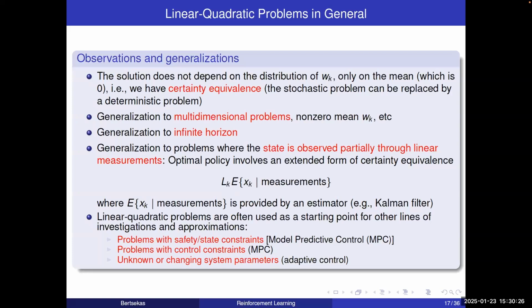Then you have to estimate them, and then you may apply linear quadratic control based on the estimates. So there are many different ways that this linear quadratic problem enters the approximate dynamic programming and reinforcement learning landscape.